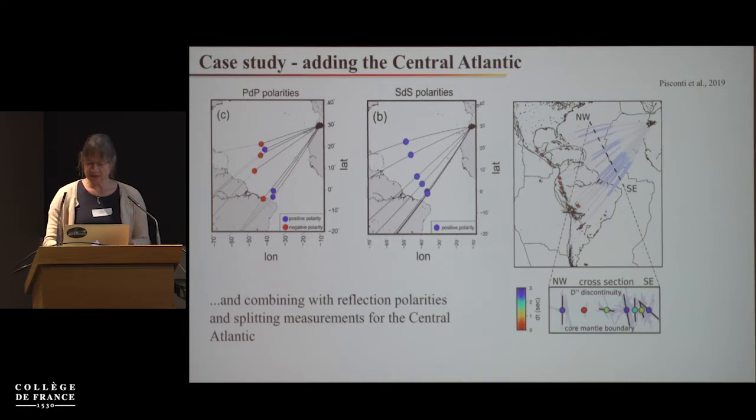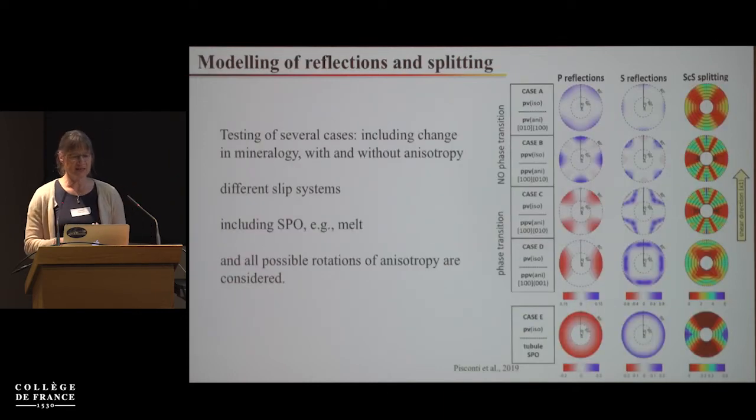If we use this all together and combine this with the modeling of the reflection coefficient and the splitting, so these graphs that I've shown before. So now I have to go through this. We have models without the phase transition, so we have isotropic bridgmanite over anisotropic bridgmanite with that slip system here. And I think we really only tried that slip system.